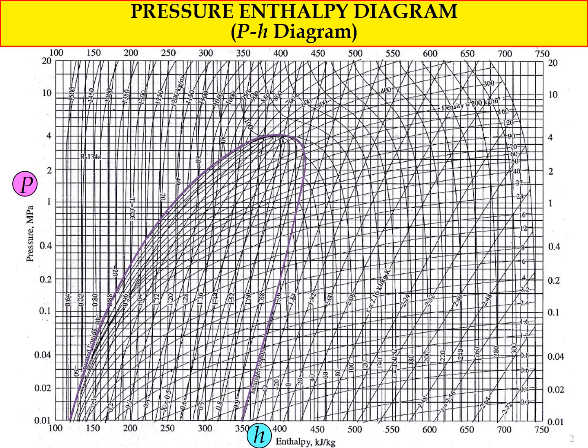We can also determine the entropy value S, represented by the red line. We can determine the density of the refrigerant R134A, represented by the blue curve. And we can look at the data in terms of temperature, represented by the green curve.